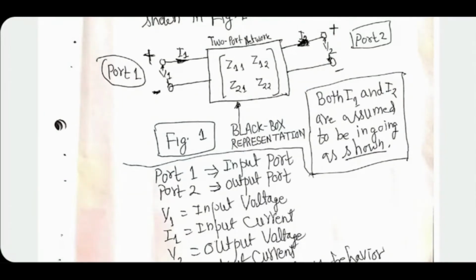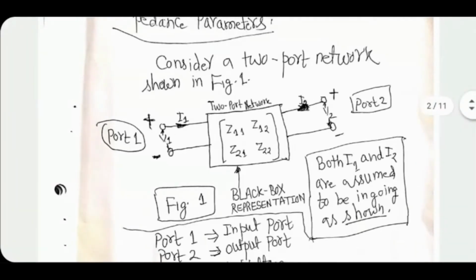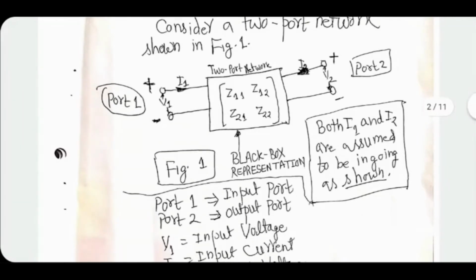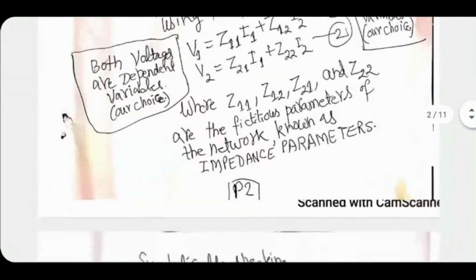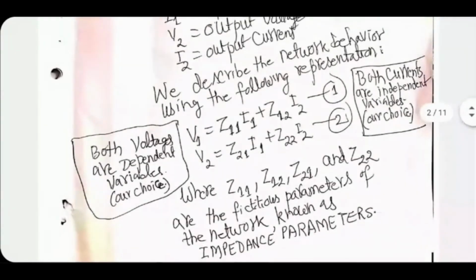Out of those four, you choose two as independent variables and the remaining two as dependent variables. And based on the choice, a different type of parameters come in. If I choose both the currents, I1 and I2, as independent variables, and describe V1 and V2 as functions of I1 and I2, then what I get is the so-called impedance parameters.